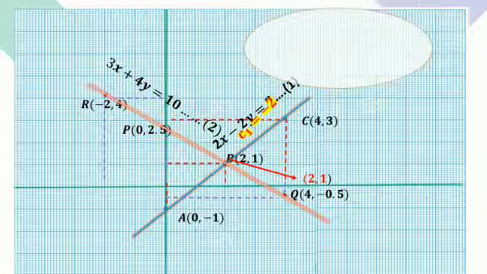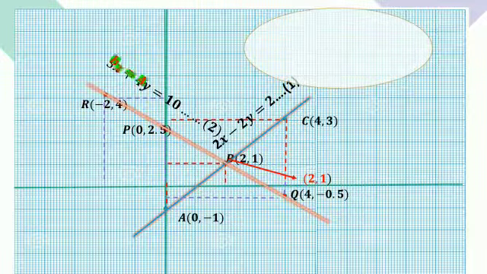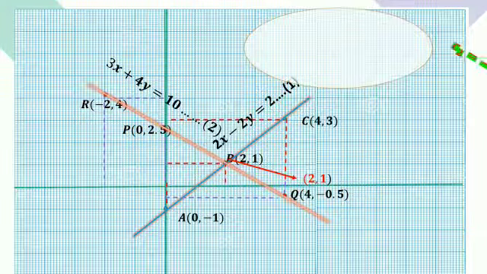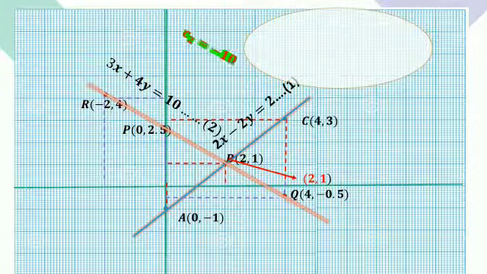Here a2 is equal to 3, b2 is equal to 4, c2 is equal to minus 10. You have to transpose it to the left hand side.